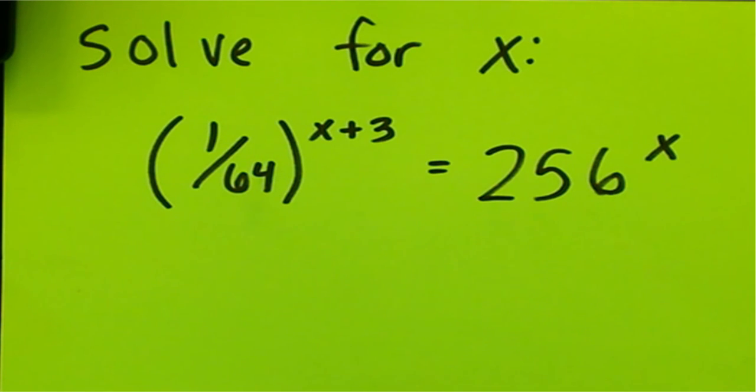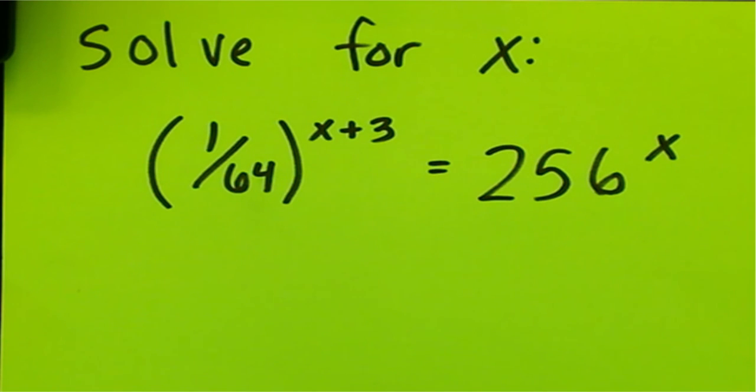Oh, okay, so this is going to work because you see how I just got 64? Which means that the right side is 4 to the 4th. And the left side is not 4 cubed, it's 4 to the negative 3.